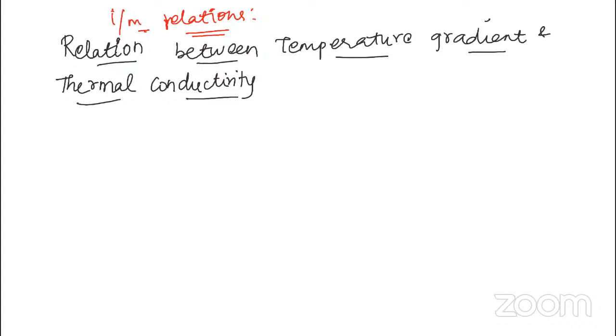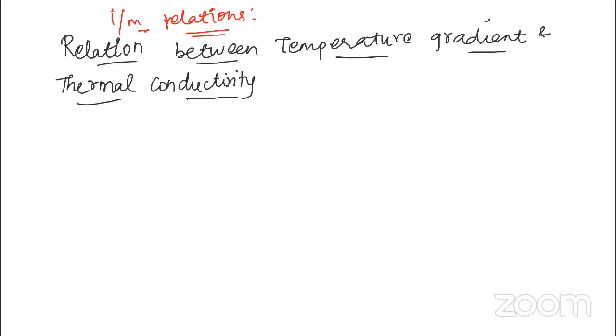Okay, then what about the relation between temperature gradient and thermal conductivity? Okay, so this relation, how we can compare the temperature gradient and thermal conductivity means we have to take the rate of flow of heat formula.